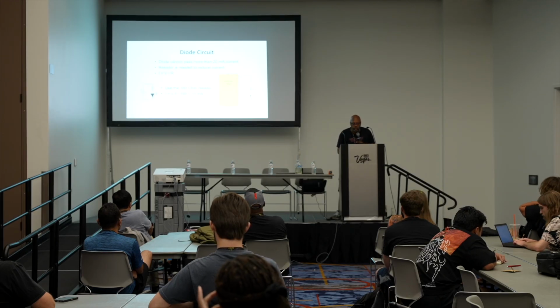Now note that I put this little resistor in the way. The reason I did that is so that I didn't blow up my diode. This is the one little bit of analog electronics you have to know. These diodes are limited in the current that they can deal with. If you look in their data sheet, I think 20 milliamps is the maximum they can take.